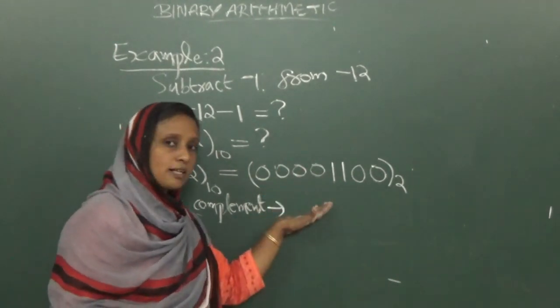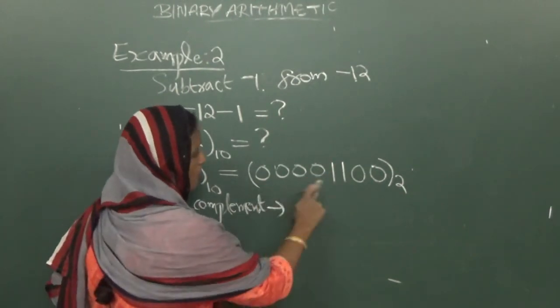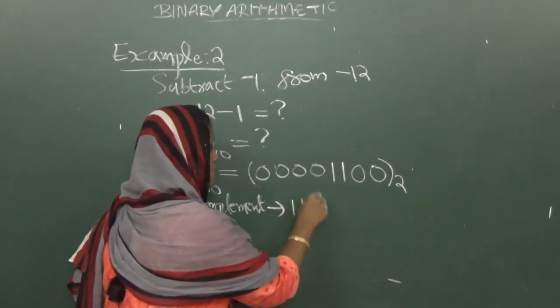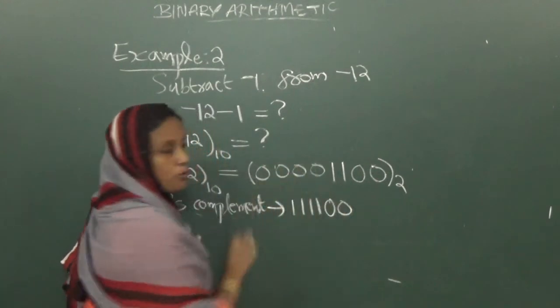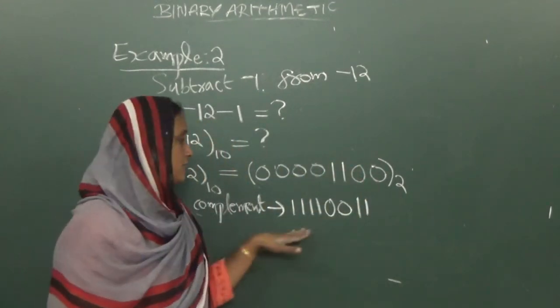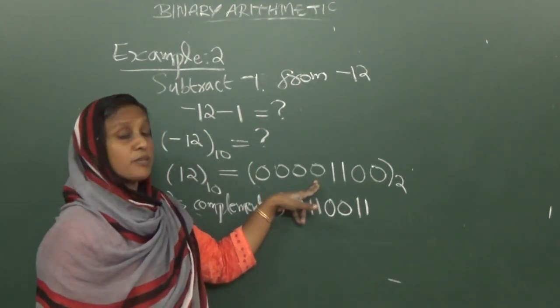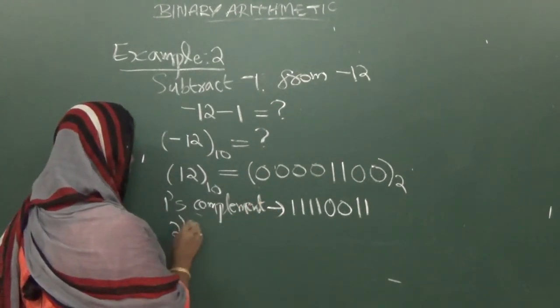Invert zeros to 1 and ones to zeros. Okay. So how many zeros are here? 4 zeros, so here 4 ones. Then comes 2 ones, so 2 zeros. Then comes 2 zeros, that goes to 1. Okay. This is the 1's complement of this 12. But we need 2's complement. So 2's complement.